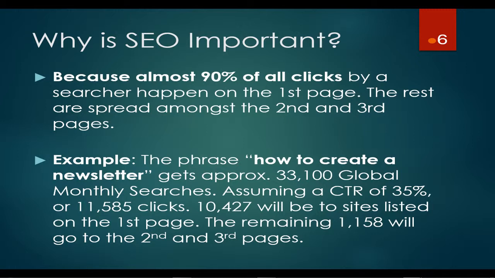Assuming a click-through rate of 35%, or 11,585 clicks, 90% of those would take place on the first page, which is about 10,427. And those would be to sites listed on the first page. The remaining 1,158 would go to the second and third pages, or the other pages.